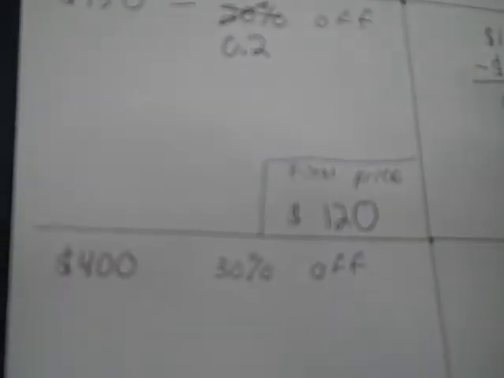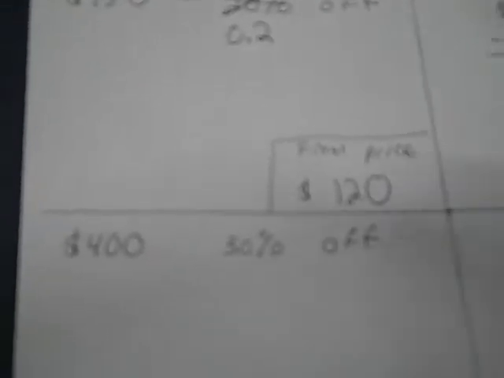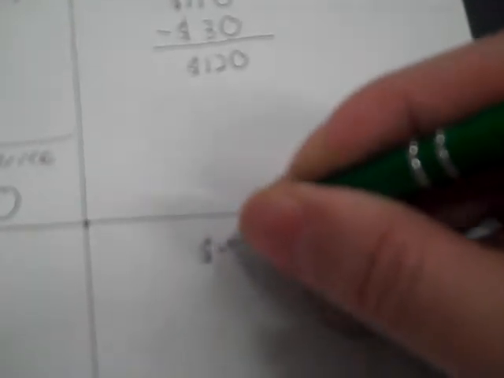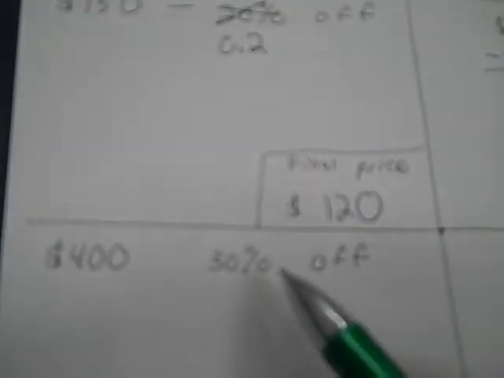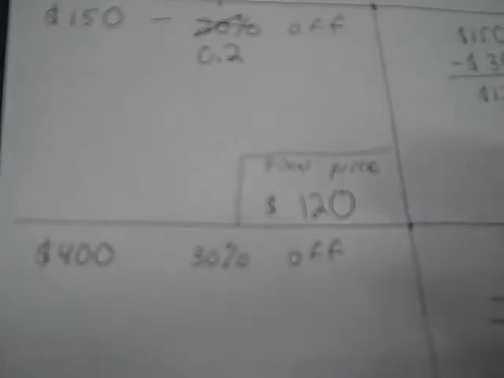Okay, $400 with 30% off. Set up your subtraction. So 400 minus a dollar amount. Now, it's not 30 because it's not $30. So what we need to do is divide that by 100. So 30 divided by 100, just like yesterday, so 0.3. And then I need to multiply those two to find out what I should put there.